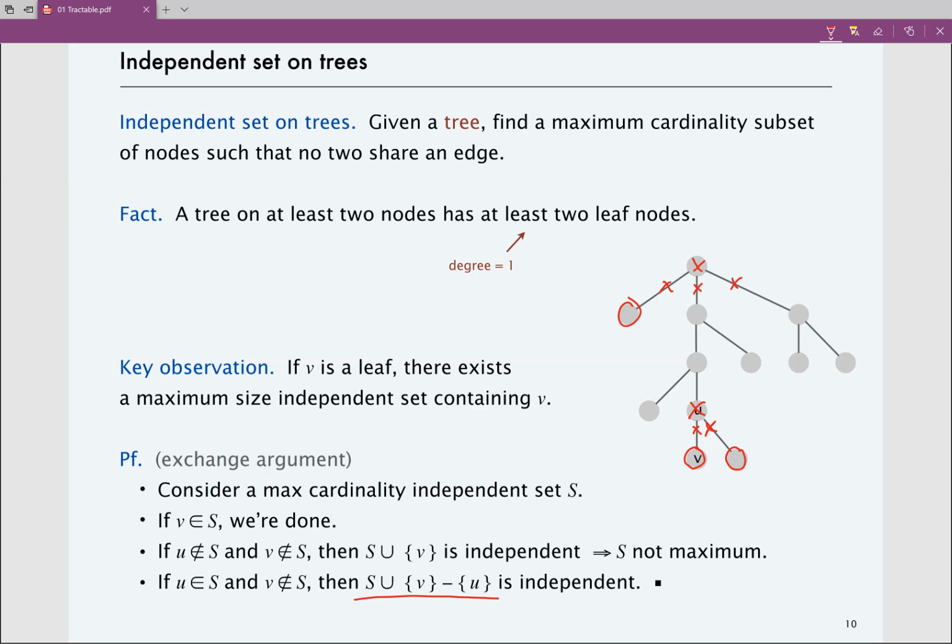Now we can take another leaf, let's say this one. So we can remove the neighbor and all the adjacent edges. And now we can also take this leaf, because it's not adjacent to anything. So now we have these 4 nodes left. We can take this leaf, take out this node and all its adjacent edges.